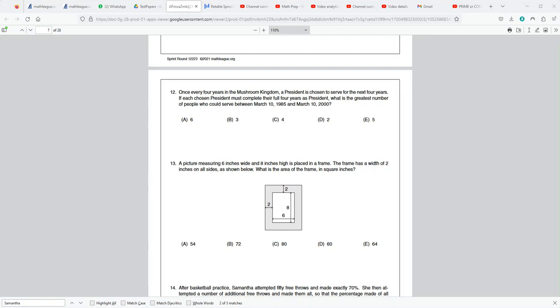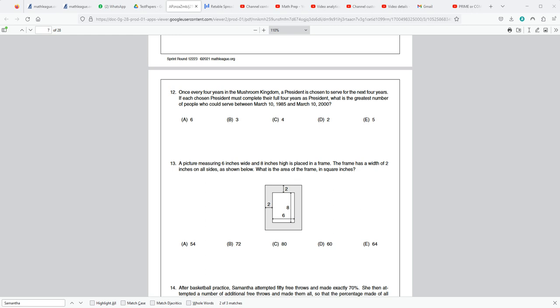Now we have to divide it by 4. You can't divide 15 evenly by 4 since it's not in the multiplication table of 4. So you end up with 3 fours are 12, which leaves a remainder of 3. So how many presidents can serve within these years?